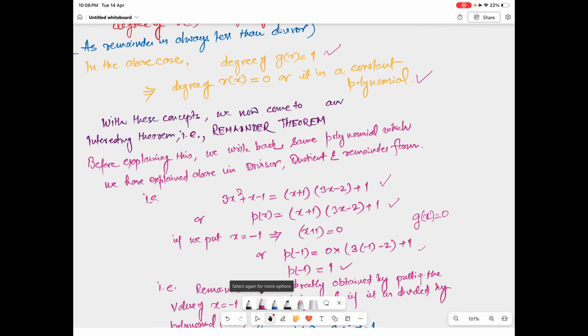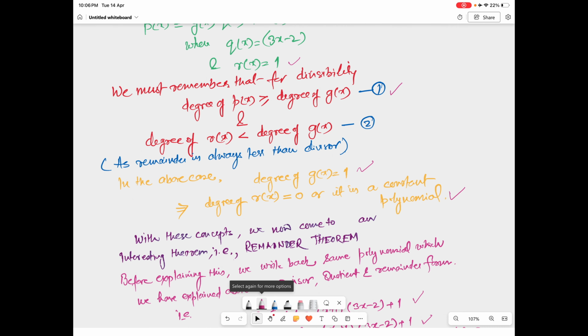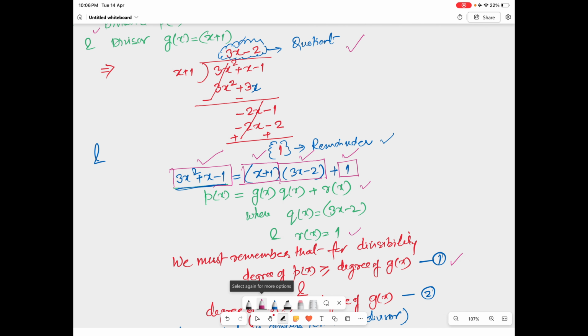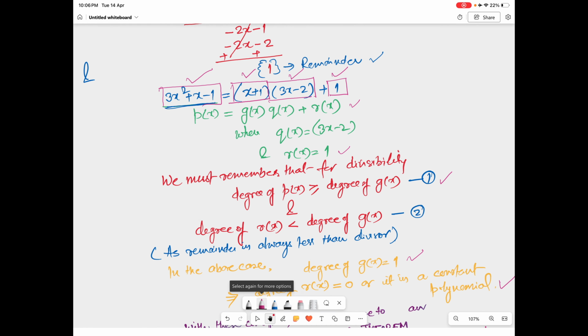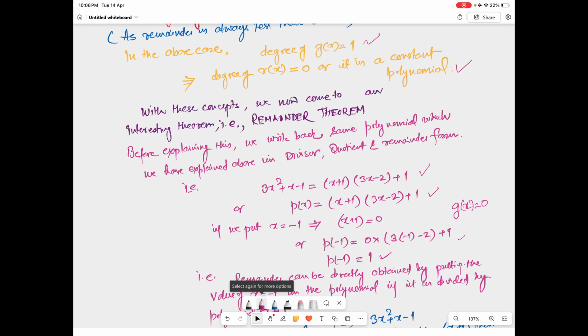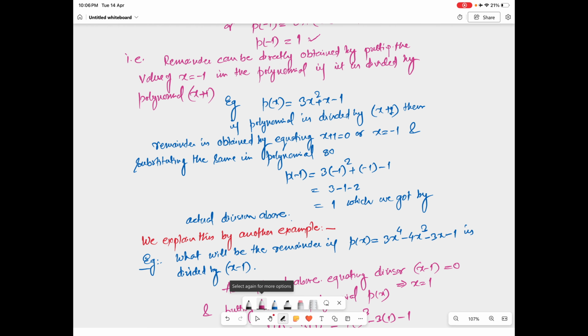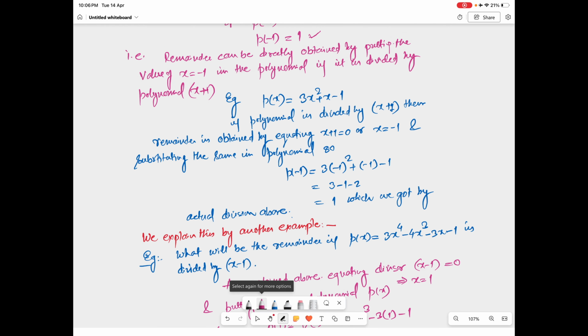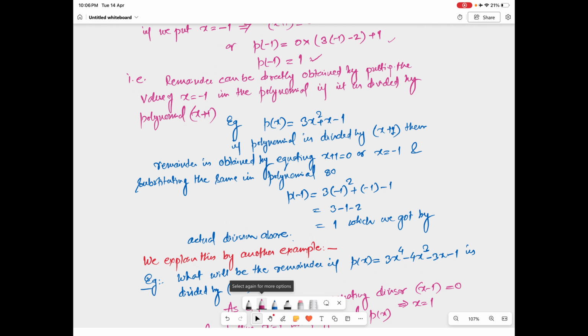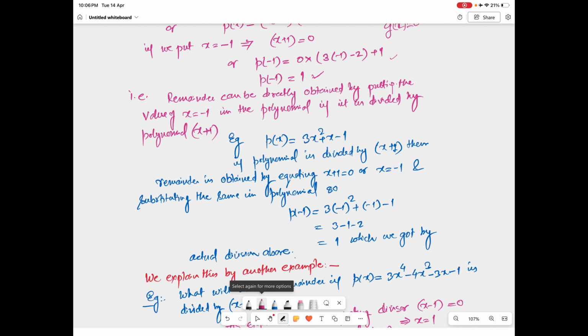And while we have divided it by x plus 1, we have got the remainder as 1, which is very clear from this concept of the remainder theorem. Now you can understand, if the polynomial is 3x square plus x minus 1, and I put x is equal to minus 1, what will we get? 3 times of minus 1 square plus minus 1, which is 1.